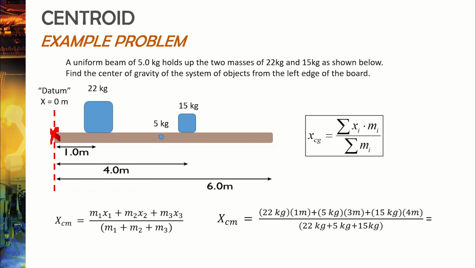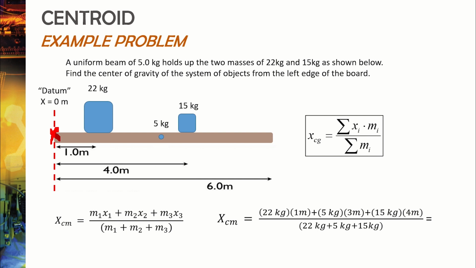When you plug everything in, essentially what you'll see is that we have our 22 kilogram piece of mass, which is located 1 meter away from our datum point. You have our 5 kilogram piece of mass, which is the beam's mass itself, times 3 meters away. And you have 15 kilograms times 4 meters, which is how far the third mass is from the datum.